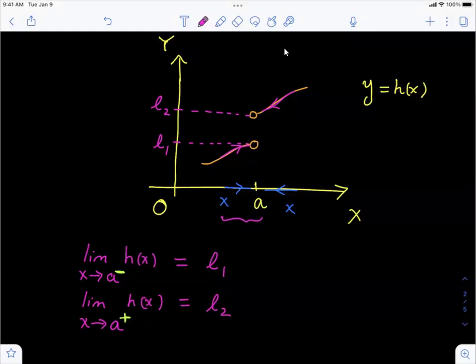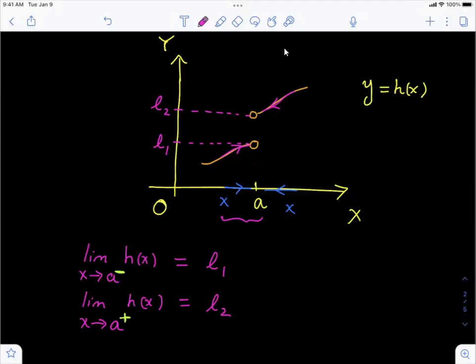So if somebody asks you about this kind of situation, if you're seeing a function with a simple jump, and if you need to analyze the limits from either side, it is the simplest possible thing that you can think of. Because all you need to do is to pick the correct portion of the function when you consider either the left approach or the right approach. And based on that, you need to see where the function is approaching.